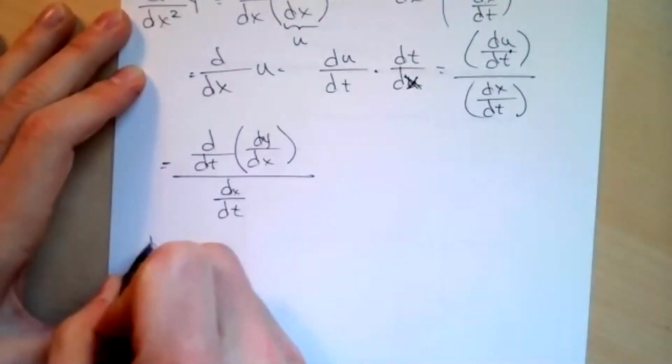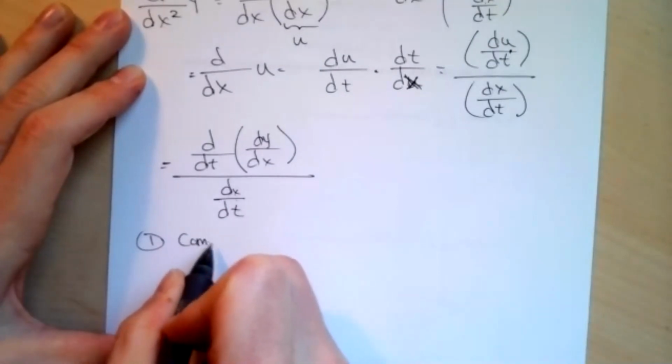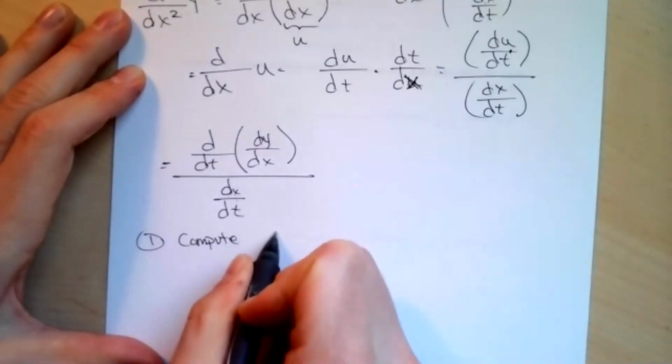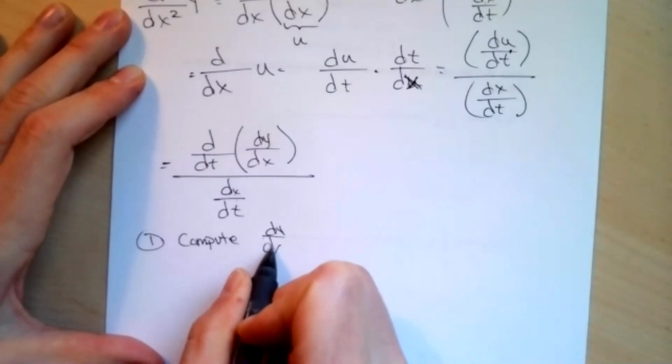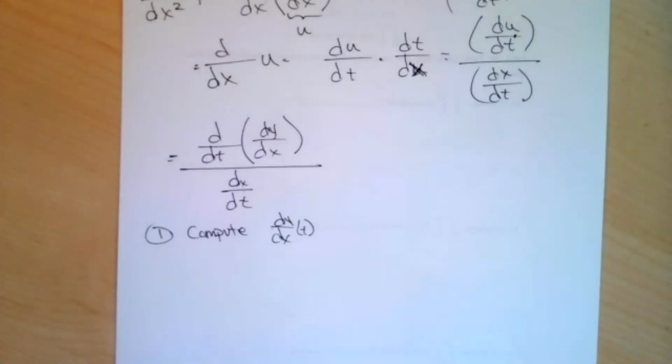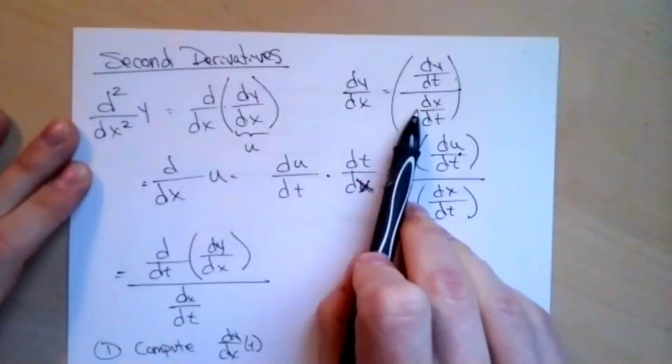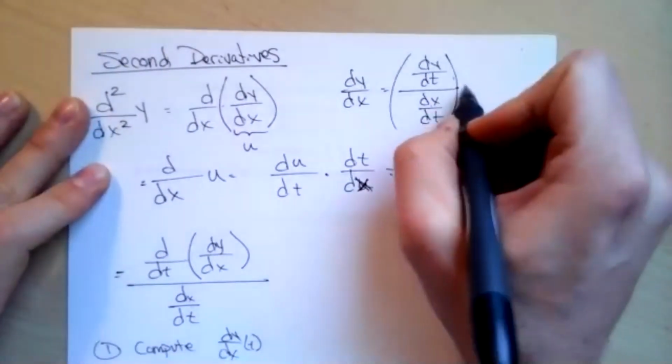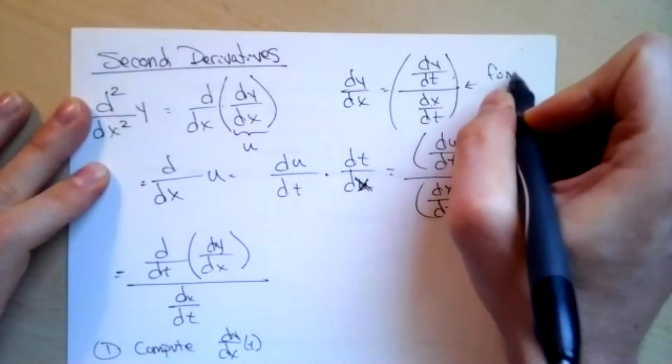So our first step would be to compute dy/dx as a function of time. So I'll put that independent variable in there. Essentially use this formula here, and you will get a function of time.